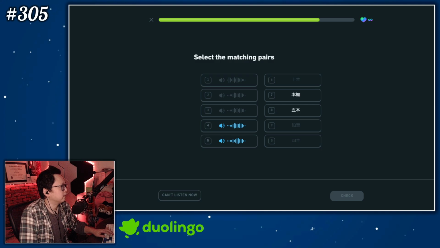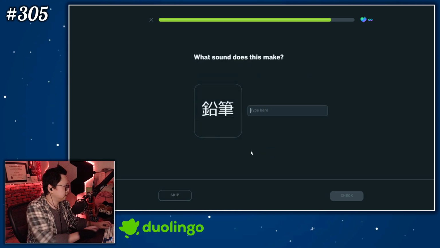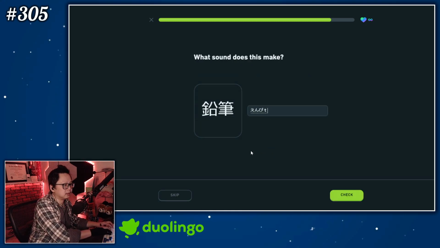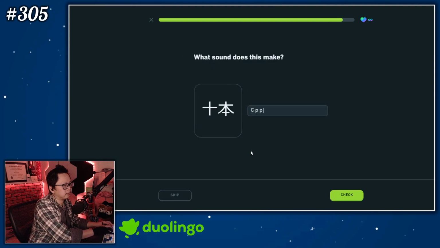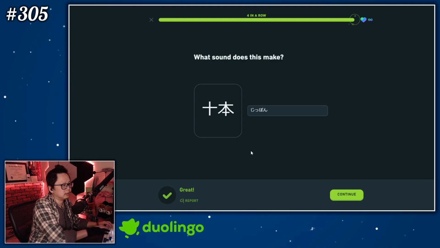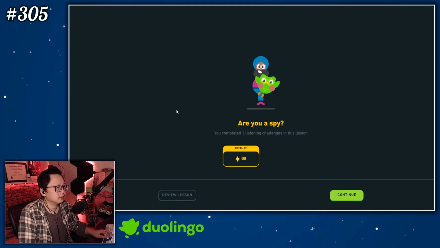Actually, both forms are acceptable, but they're looking specifically for Jeepon. Yeah, there's an entry for both of them. Okay, that's fine. 5本, Gohon. 本棚, Hondana. And they're looking for Jeepon here, though, as opposed to Jeepon.